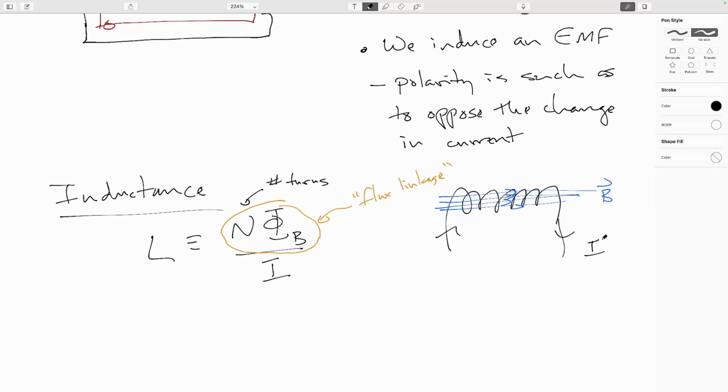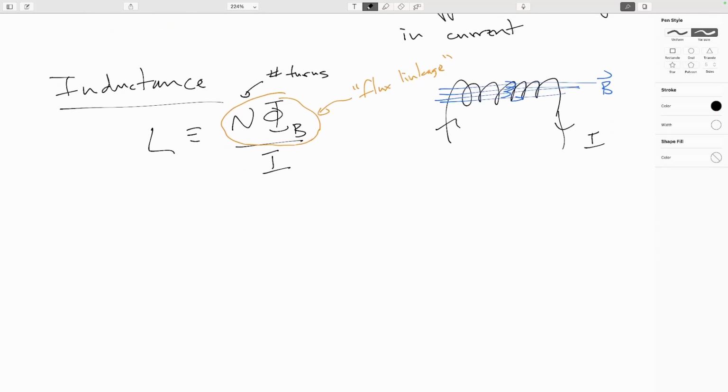And so, if we go and look at Faraday's law of induction, and here we'll take careful care of our plus and minus signs, the induced EMF by Faraday's law will have to be minus the number of turns times the time rate of change of the magnetic flux.